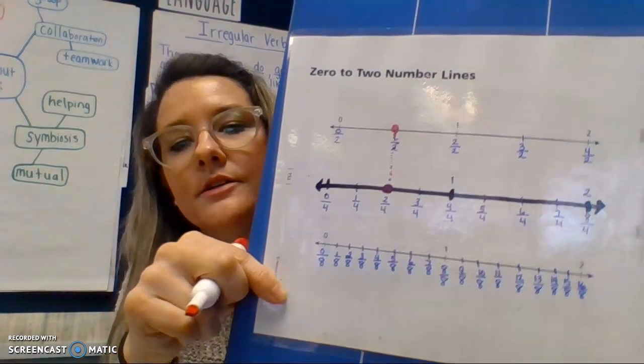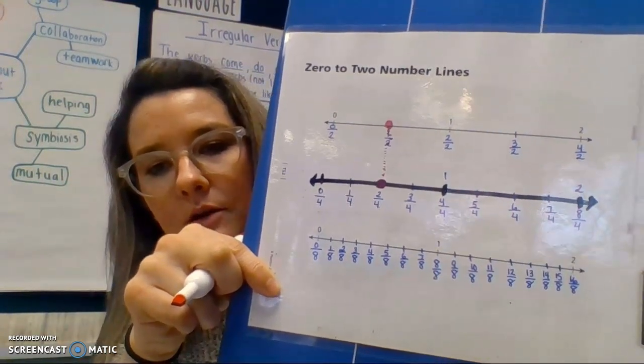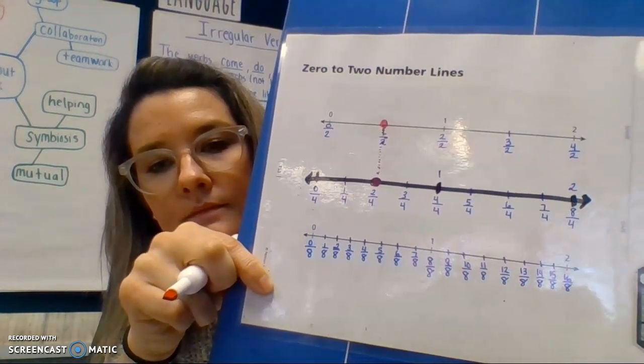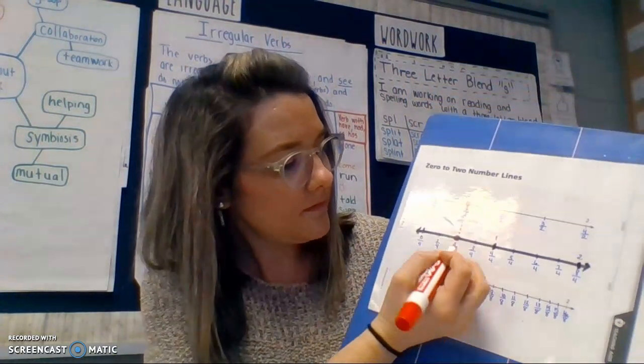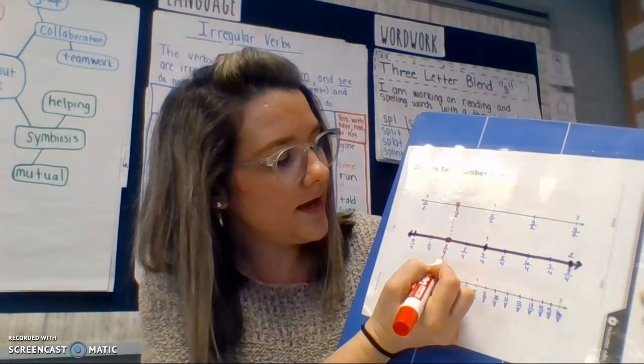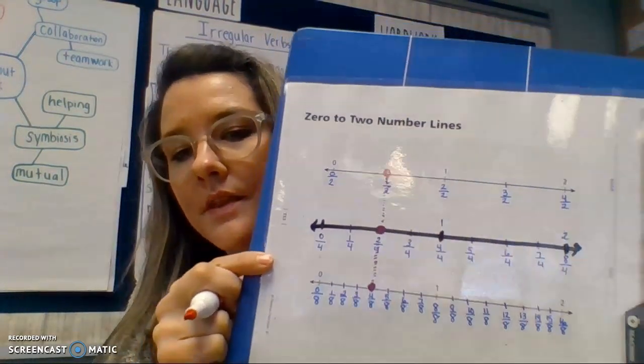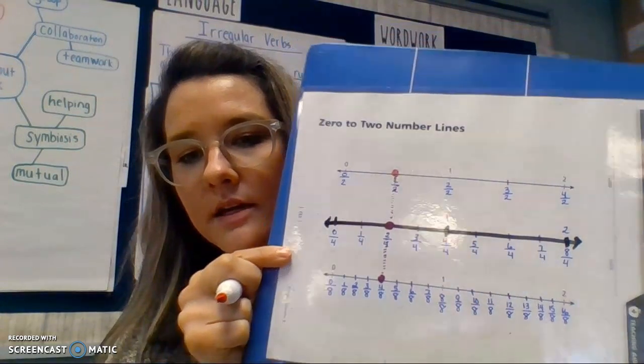Okay? All right. Any other fractions halfway between 0 and 1? Yep, 4/8. Since we have the same size wholes, I can draw that dotted line down there, and those fractions are equivalent.